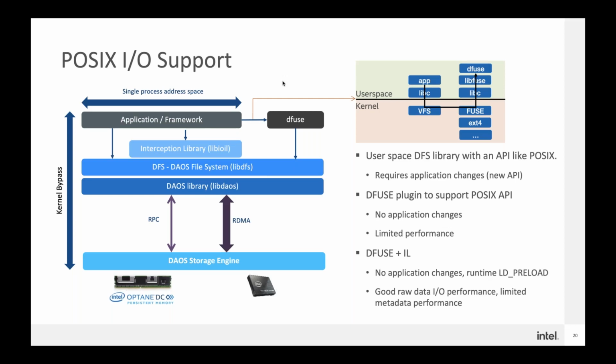But not all applications want to use I/O middlewares, I mean, use a framework like I/O middlewares. Applications natively built on top of POSIX call the libc system calls. For those, we provide a dfuse daemon that provides a mount point of the DFS and can be used transparently by applications. The dfuse daemon is linked with libdfs, which goes through libDAOS and then accesses the object storage.